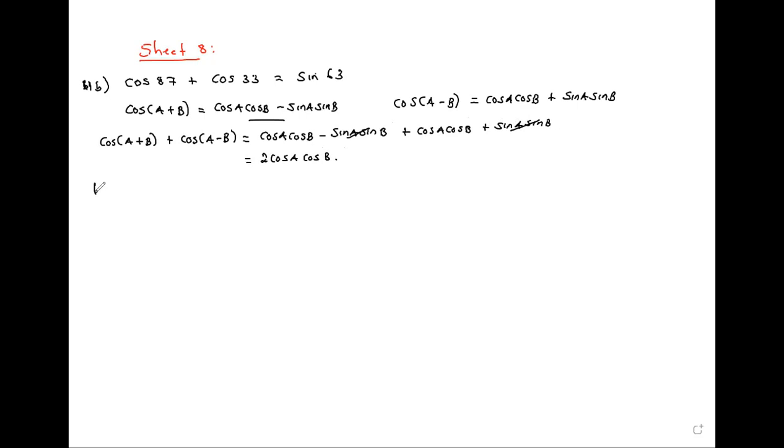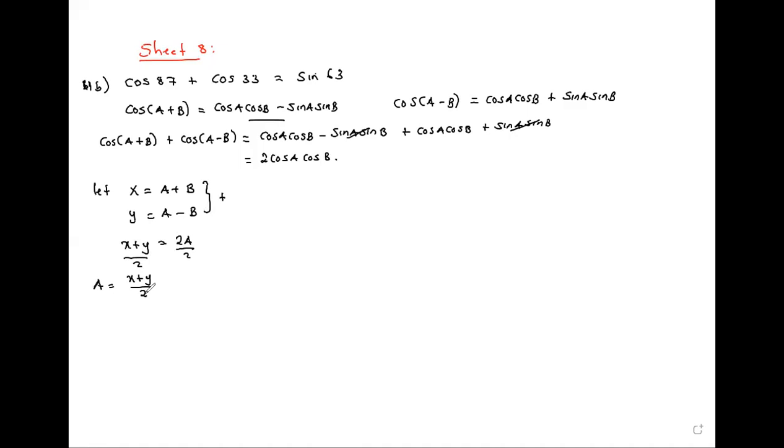Now, if we let x be A plus B and y be A minus B, you can simultaneously solve for A and B. That means if we do the addition, we have x plus y is equal to 2A, divide by 2, so A is x plus y over 2.